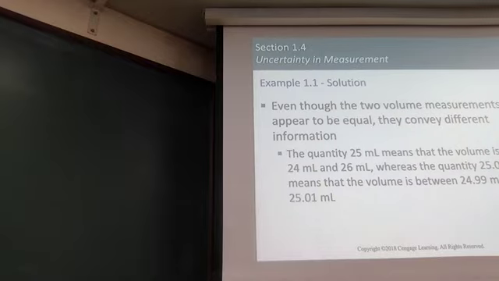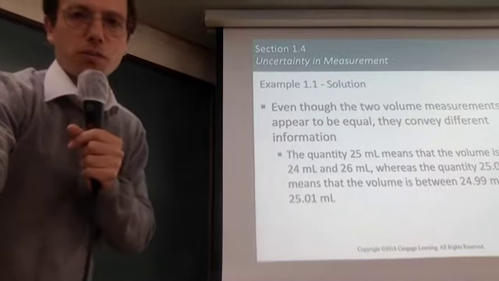This means that you could only measure it as accurately as between 24 and 26. That was very imprecise, I would say. While 25.00 means that the uncertain digit is here. We have 4 significant digits, so the last one is uncertain. So we have much higher precision in this measurement.